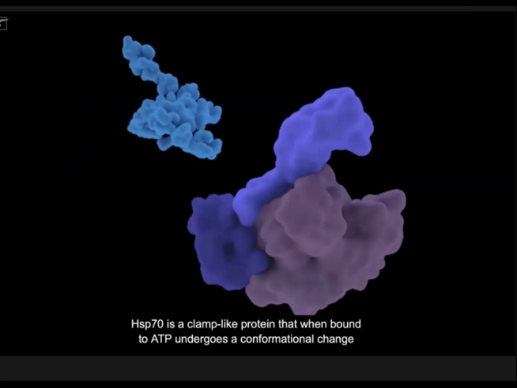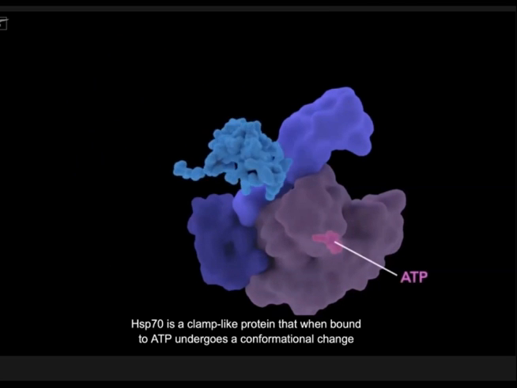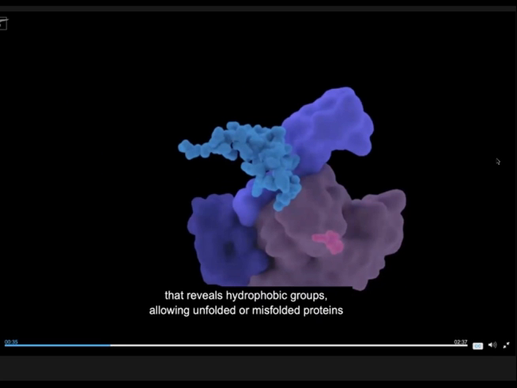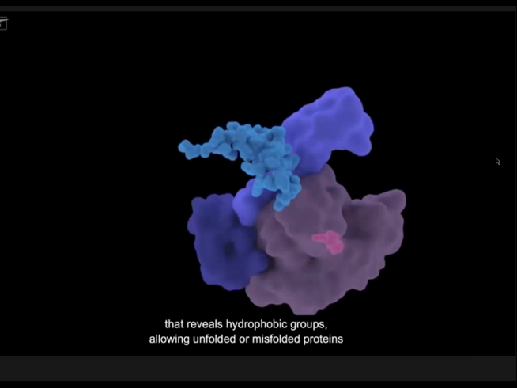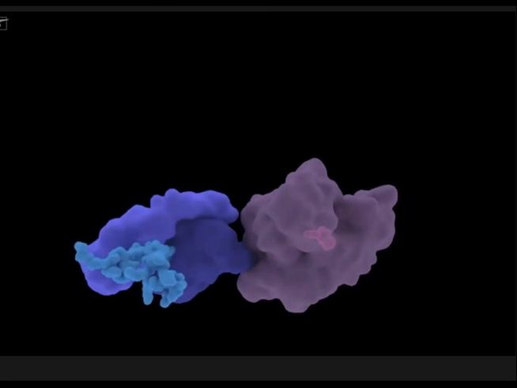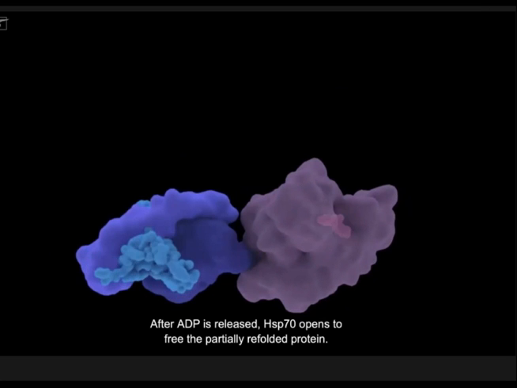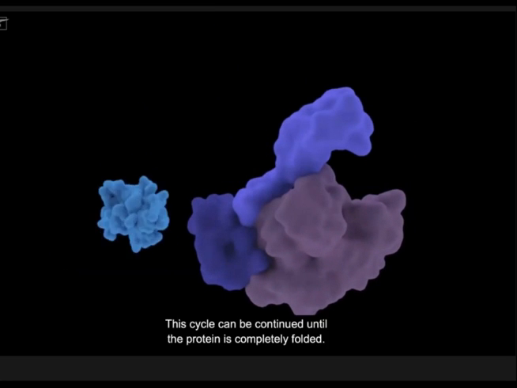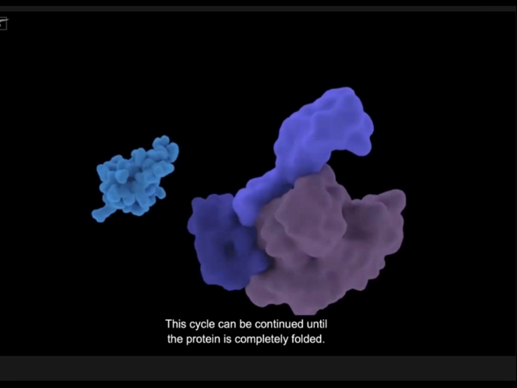HSP70 is a clamp-like protein that, when bound to ATP, undergoes a conformational change that reveals hydrophobic groups, allowing unfolded or misfolded proteins with exposed hydrophobic residues to bind. When ATP is hydrolyzed, HSP70 closes on the misfolded protein. After ADP is released, HSP70 opens to free the partially refolded protein. This cycle can be continued until the protein is completely folded.